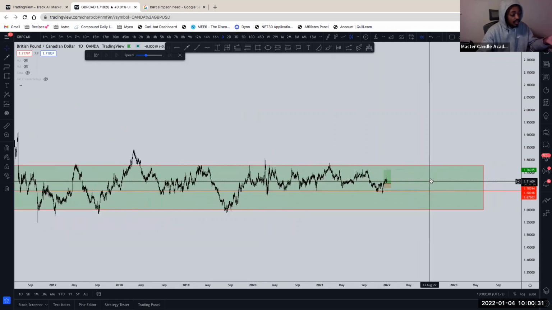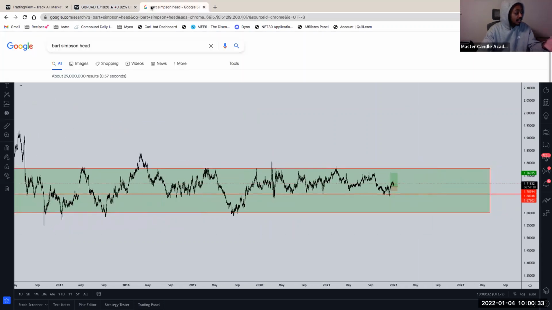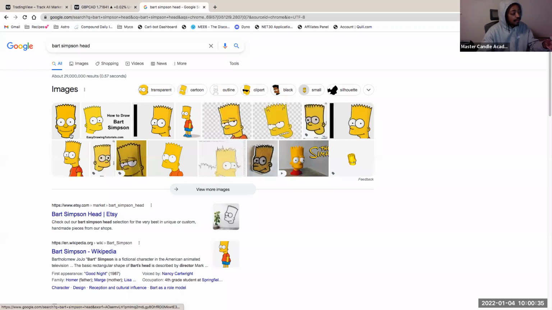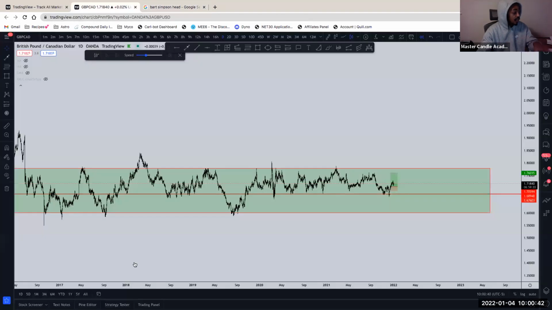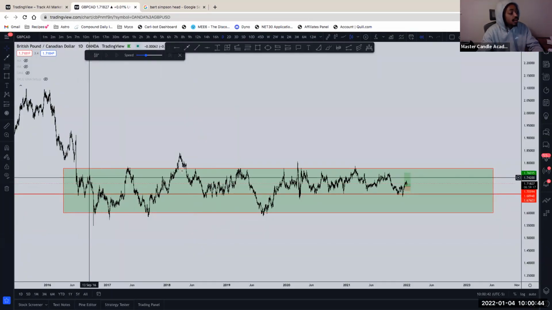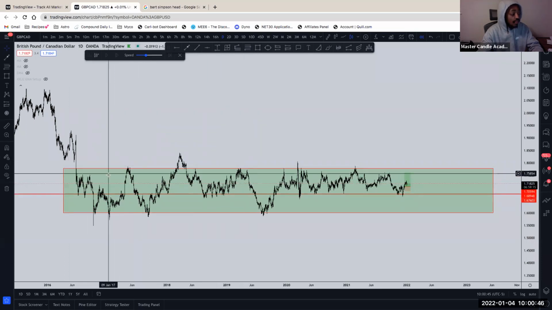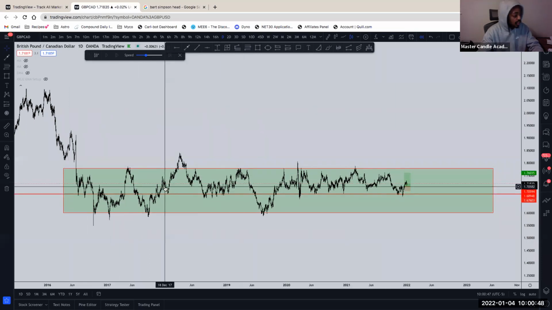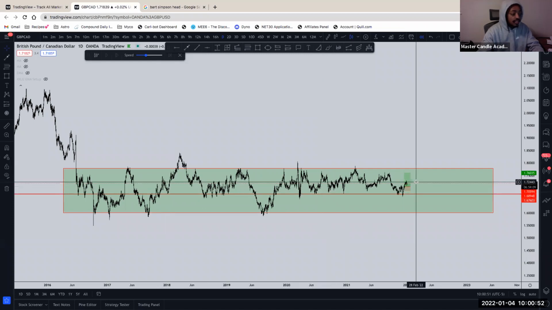The cool thing about this pattern is it's pretty self-explanatory. The Bart Simpson pattern has helped me know that whenever you see price consolidating this long across the bottom or the top of the market, a huge move is coming. A huge move is coming.